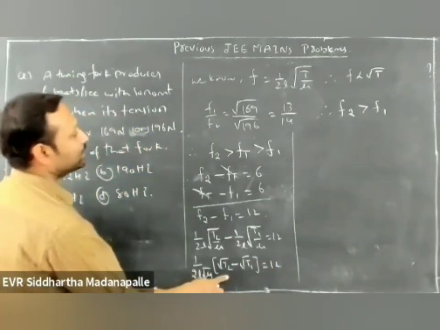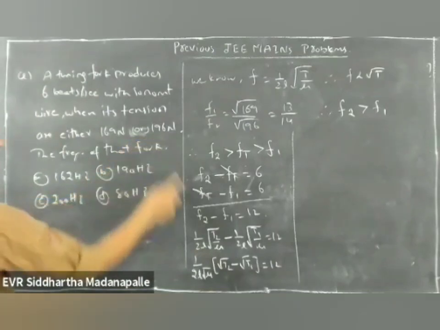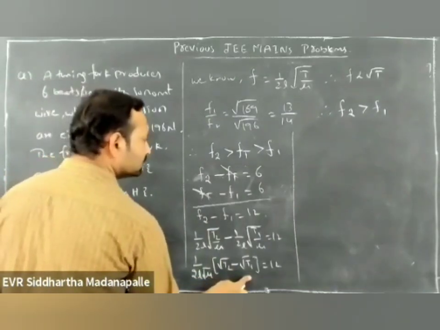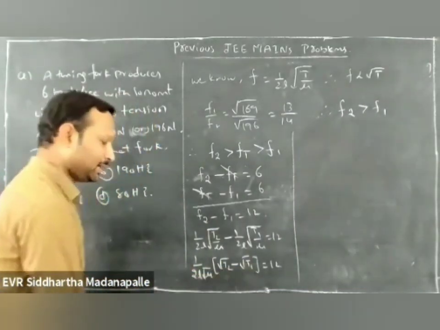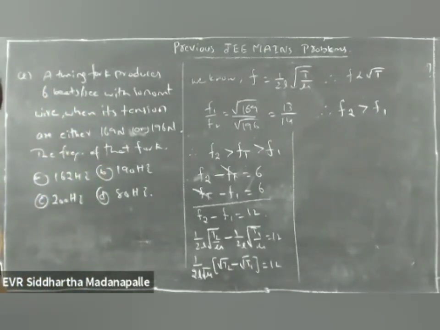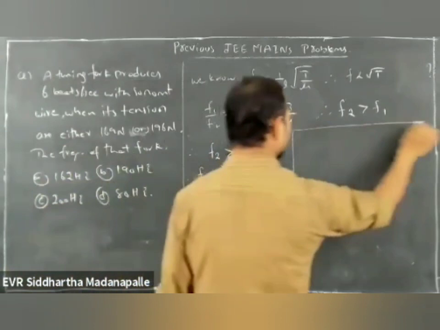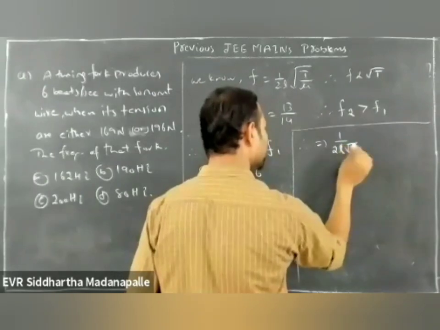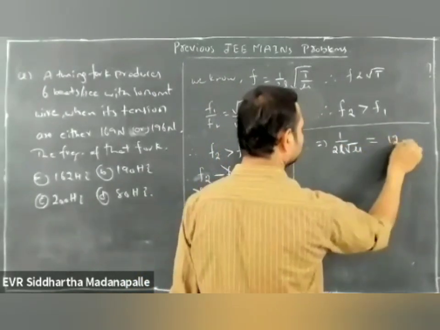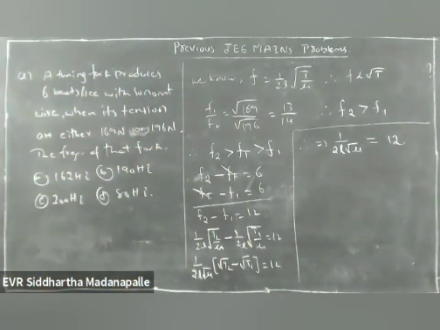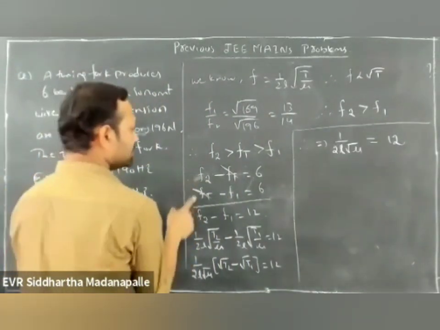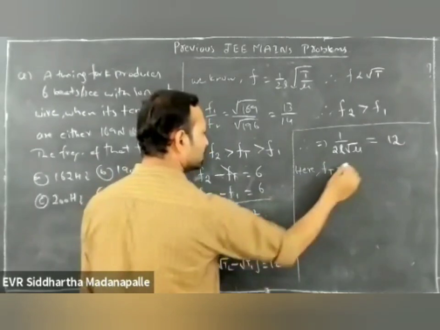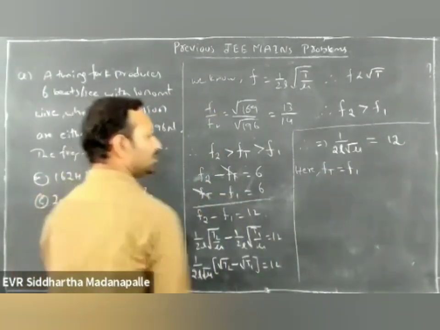What is root T2? The root of 196 is 14. Root of 169 is 13. And 14 minus 13 is equal to 1. So therefore 1 by 2L root mu value is equal to 12. Now we have to find out the frequency of the tuning fork. Let us take an equation: the frequency of the tuning fork is equal to the frequency of the sonometer plus 6.